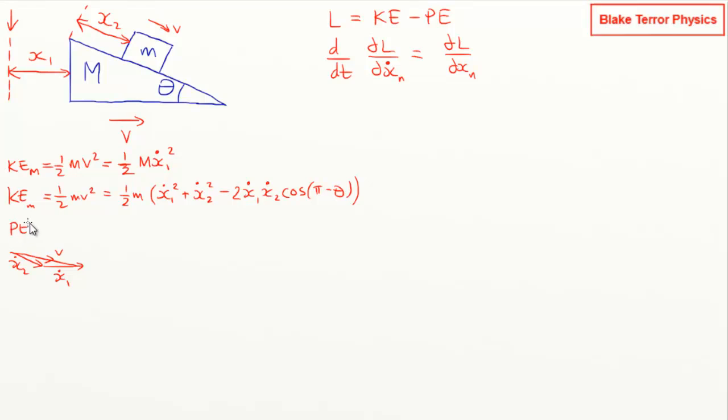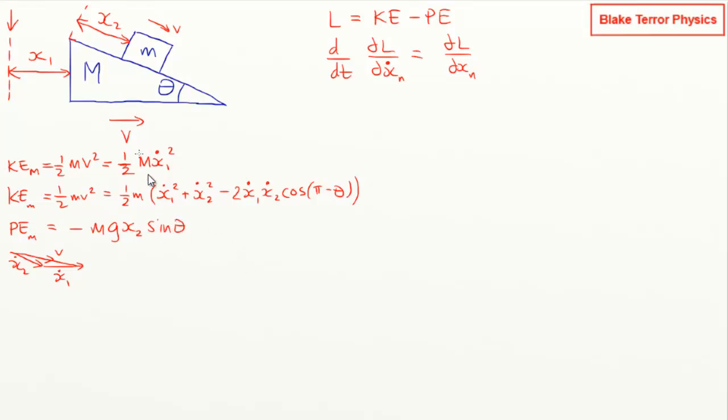So the potential energy changing in the little block, if we measure from the top, we set that to be our 0, we're going to be dropping by mgh, and h is x2 sine theta. So we've got mg x2 sine theta.